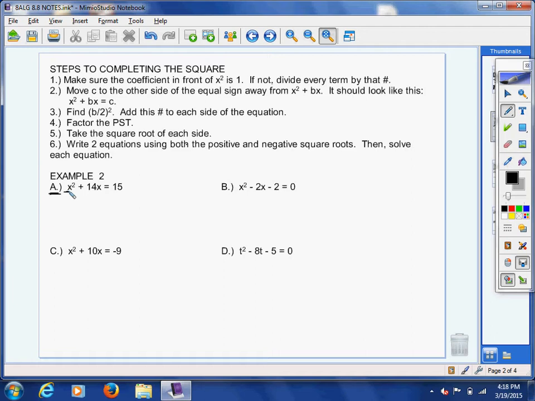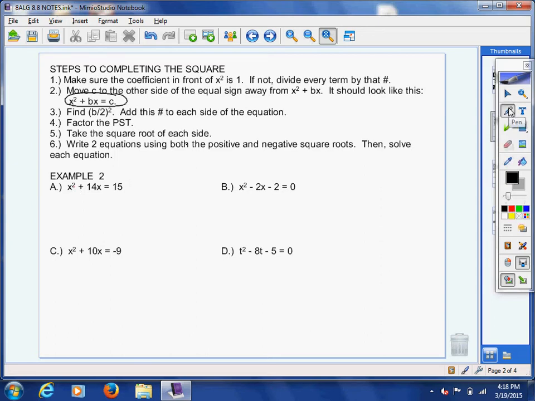Get it away from the x squared plus bx terms, and it should look like this. You should have x squared plus bx equals c. As you look at our equation here, we have that situation. We have our x squared and bx term on the left and our constant number on the right. Looks great. That's what it should look like as we're setting this up, okay?